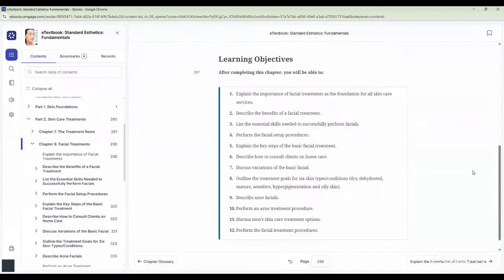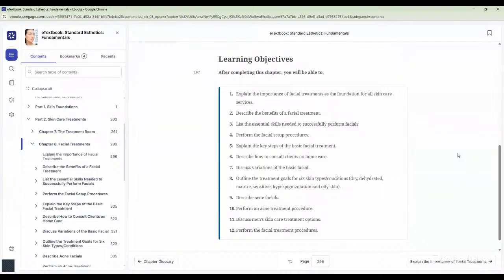Number 2, describe the benefits of a facial treatment. What are the key benefits of facial treatment? I want you to professionally be able to give me 3 benefits of a facial treatment. This is also going to help in our communicating for success and in our business chapters.